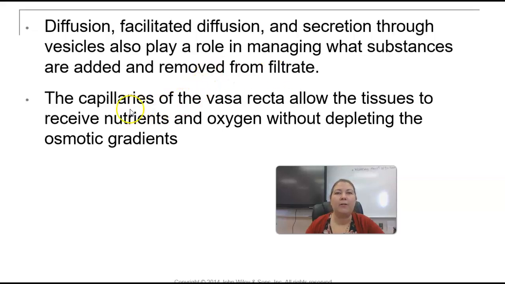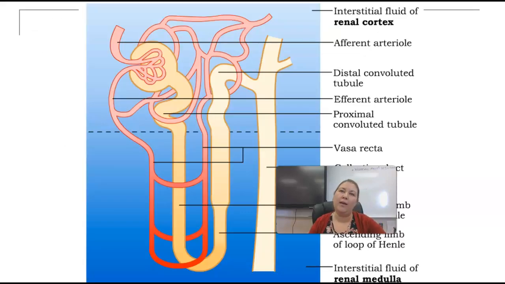We also have capillaries that are crisscrossing all through this renal tubule that allow tissues to receive nutrients and also to provide those substances that are secreted or reabsorbed. And so all of these tissues and all of the cells that make up these tissues are always going to be receiving oxygen and to help to wash away the water and drain that water back into the general circulation so that those gradients don't get washed out.